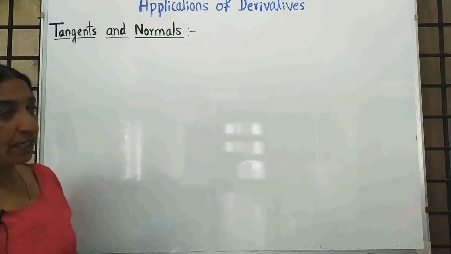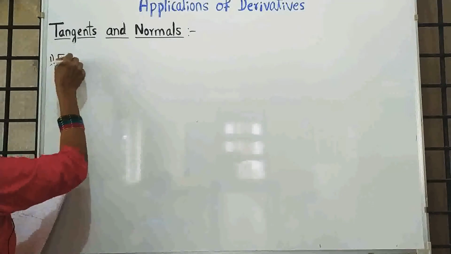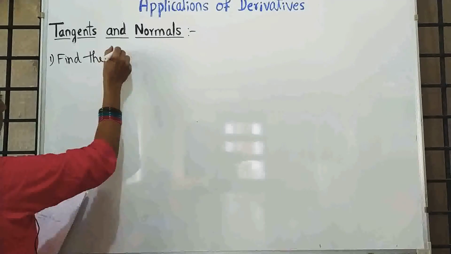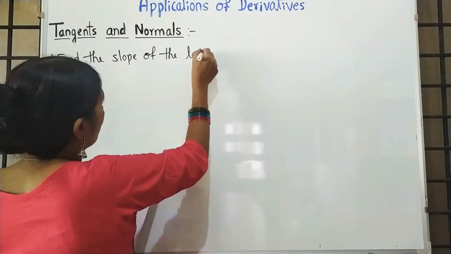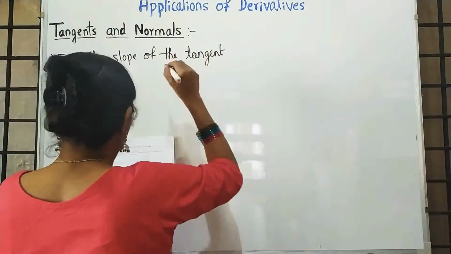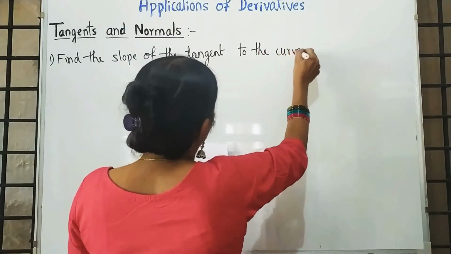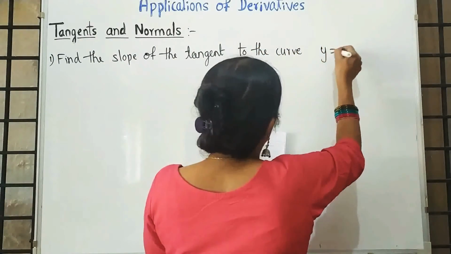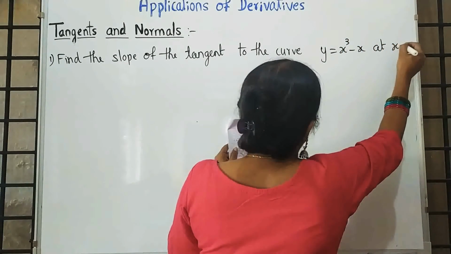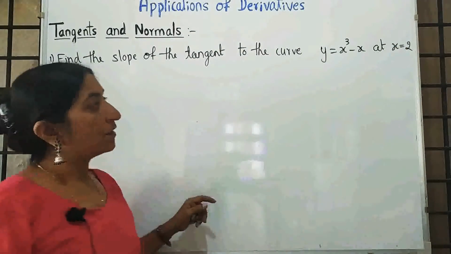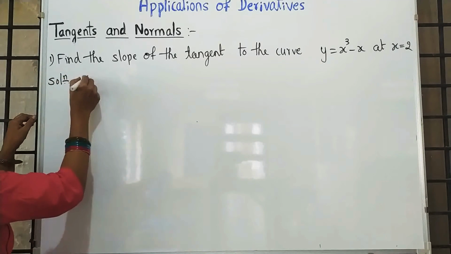Write the first one, worked example: find the slope of the tangent to the curve y is equal to x cube minus x at x is equal to 2. Very simple, you have to differentiate once and substitute x is equal to 2.